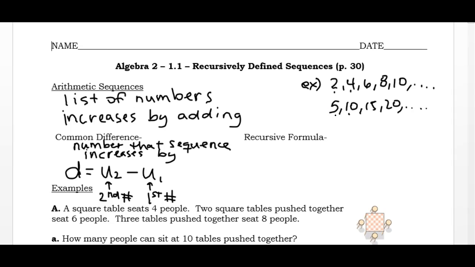A recursive formula looks like u sub n equals u sub n minus 1 plus the common difference. And this notation might be kind of weird, but if you've seen it before, that's great. If you haven't, this means to get the next number, you take the one before it, so the last one, and then you add that common difference that we've already established over here.